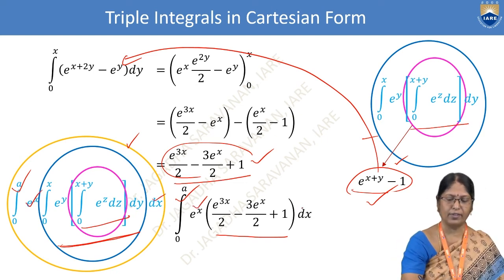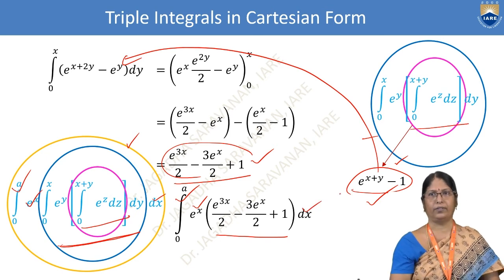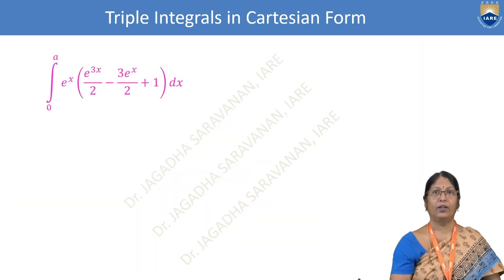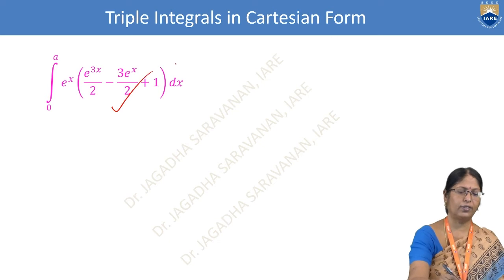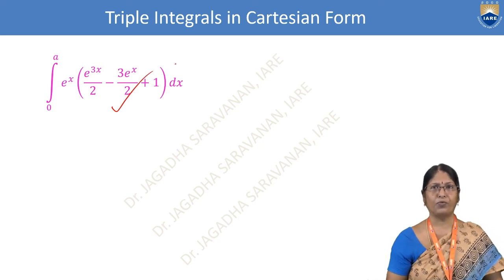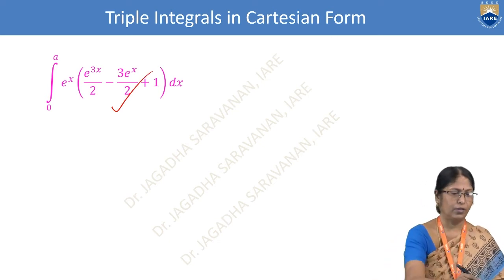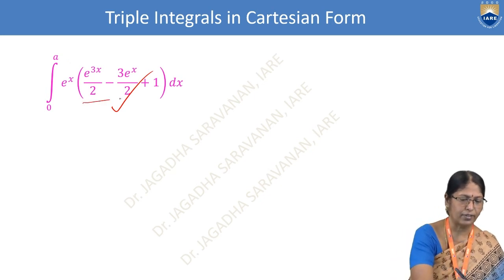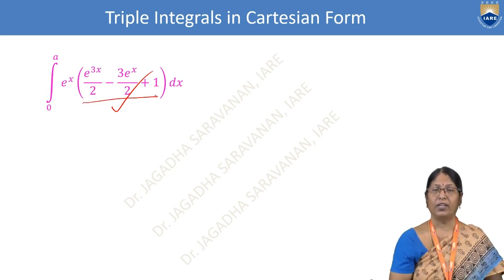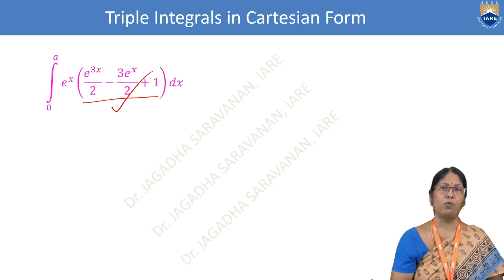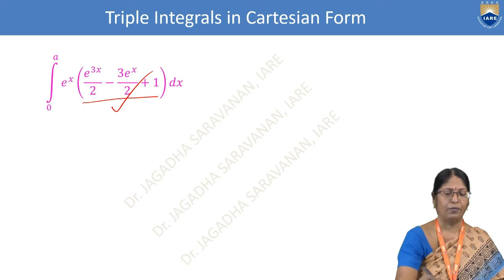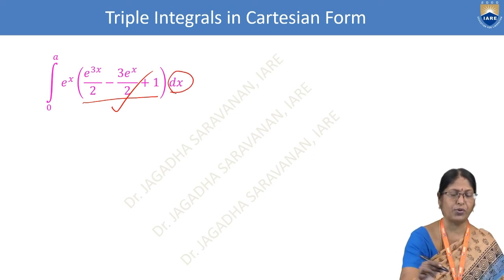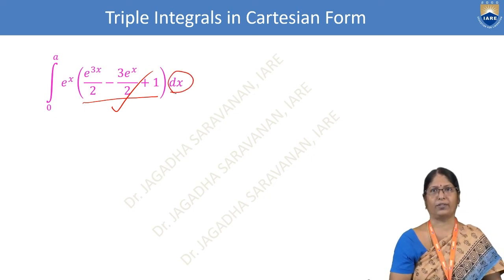This dx is written here, dx. Now this is the final step of this problem. So from 0 to a, e^x into e^(3x)/2 minus 3e^x/2 plus 1, we have to do the integration with respect to x.